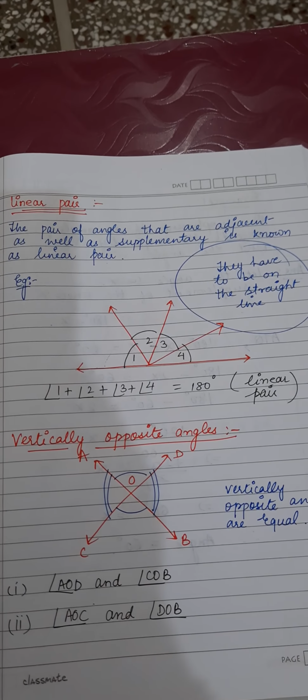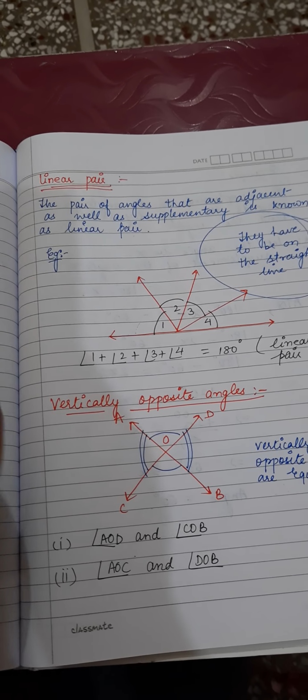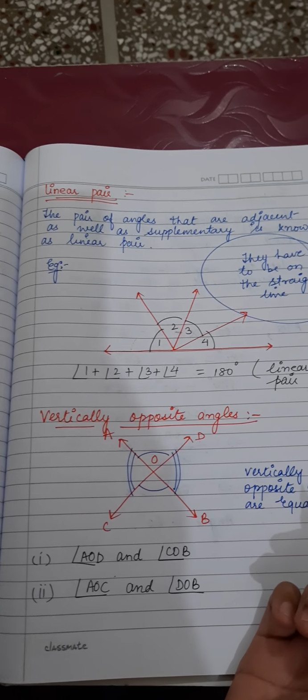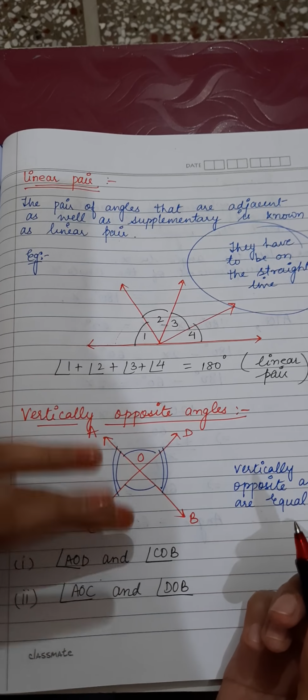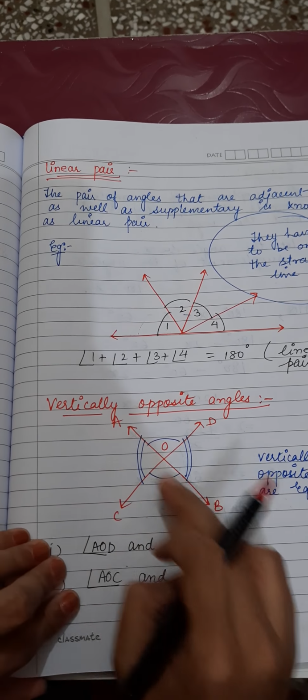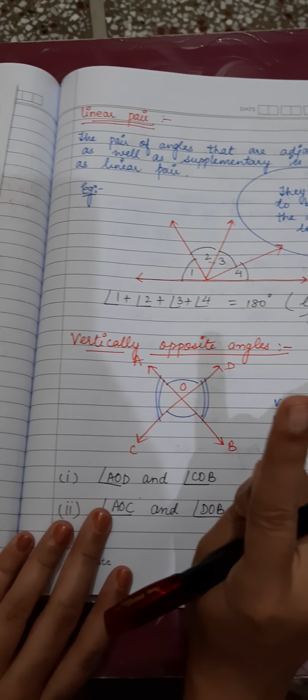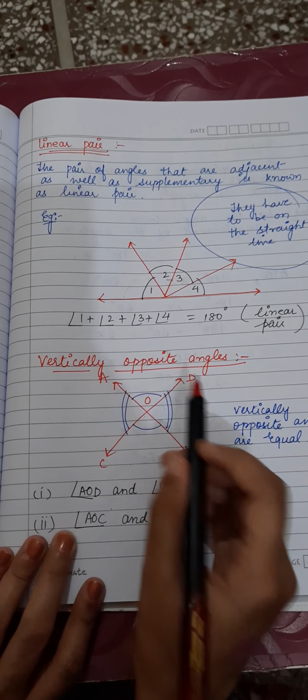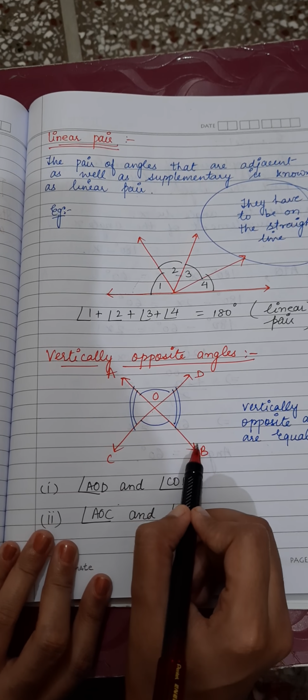Now let's move to the next, vertical opposite angle. The next type of angle is vertically opposite angles. Vertically opposite means opposite to each other. Now you can see this cross, X alphabet. In these angles we are going to identify the angles. Firstly, AOD is one angle, COB is one more angle.